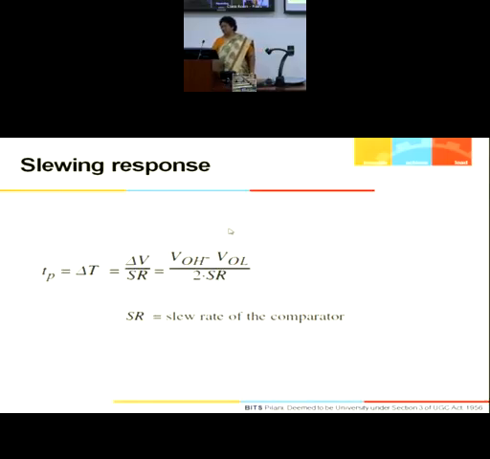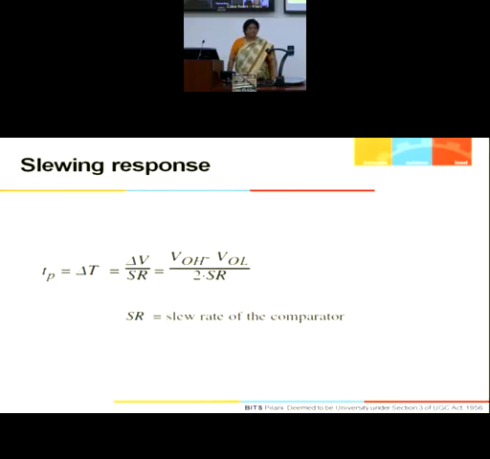So we have Tp as simply VOH minus VOL divided by 2, that is, we are taking V 50%. Our definition is for V 50%, changing from VOL to the middle point, or from maximum to the middle point. So half of VOH minus VOL.